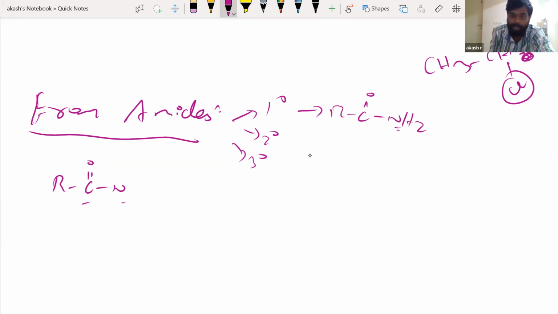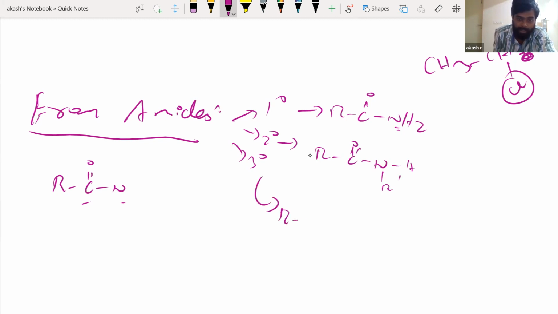Now, in case of secondary, you will go for RC double bond O N, but here there will be only one hydrogen atom, and another one is going to be another alkyl group. And in case of tertiary, you will have RC double bond O, and there's not going to be any hydrogen at all. So you'll have 3 alkyl groups attached to the nitrogen atom. So from this, you'll be able to produce your amides also.